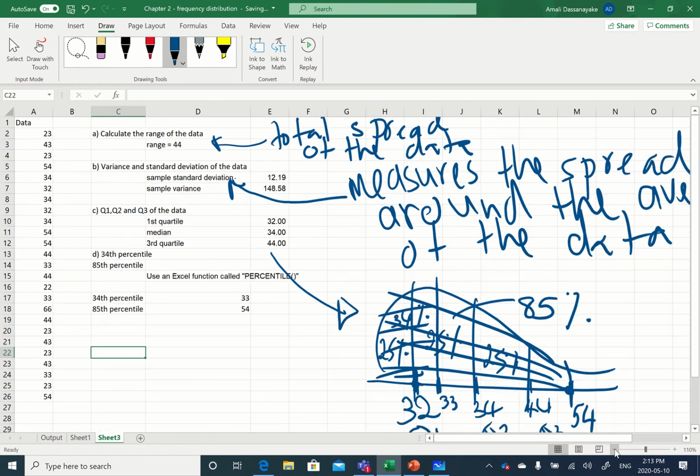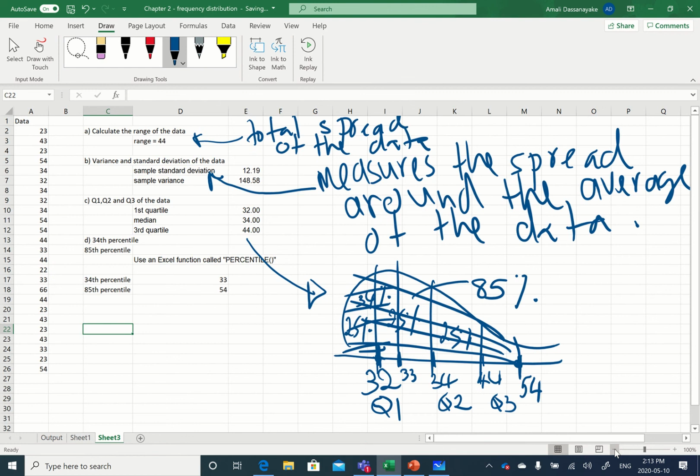And then the quartiles, we have 3, Q1, Q2, and Q3. Basically they divide your data set into 4 equal pieces. And then the percentiles are the generalized version. You can calculate any percentile using the Excel function percentile. Okay, so these are the measures of spread.